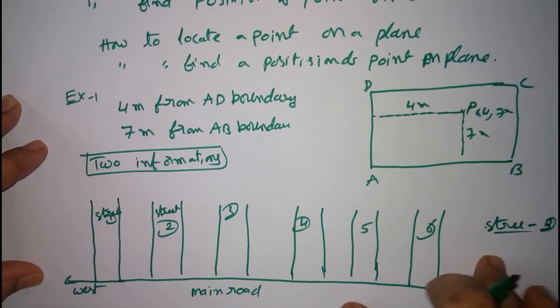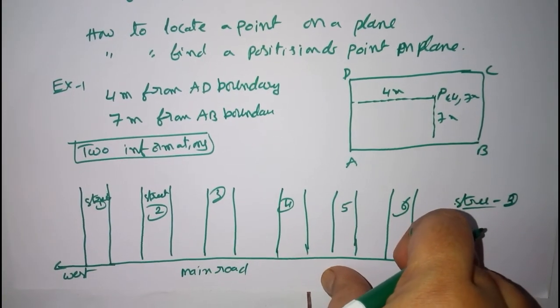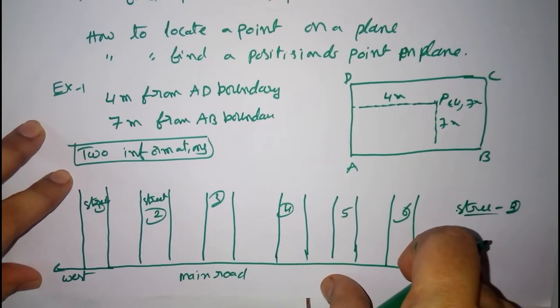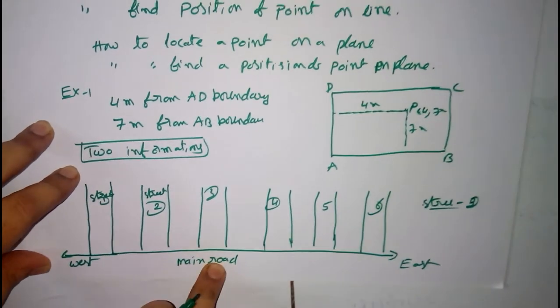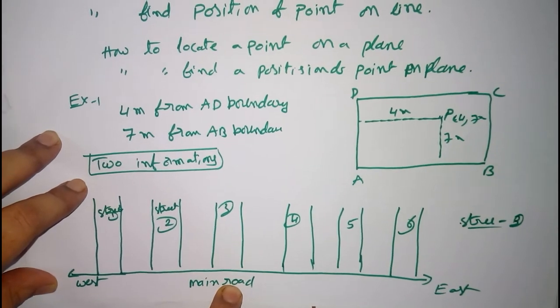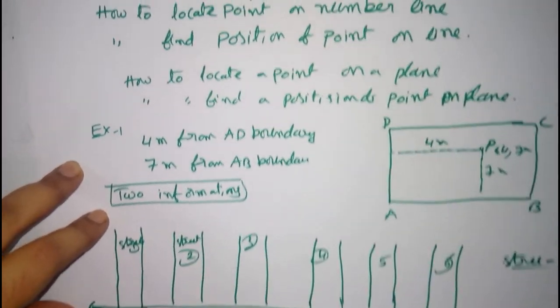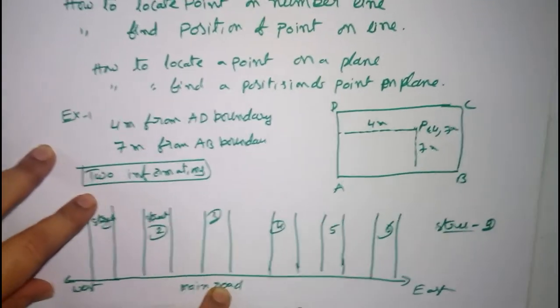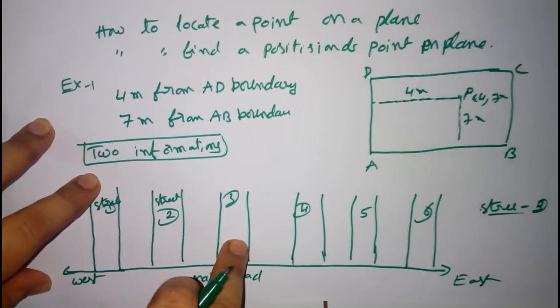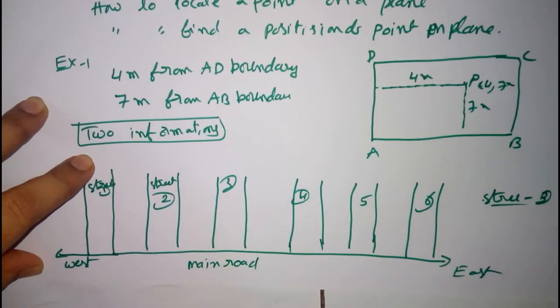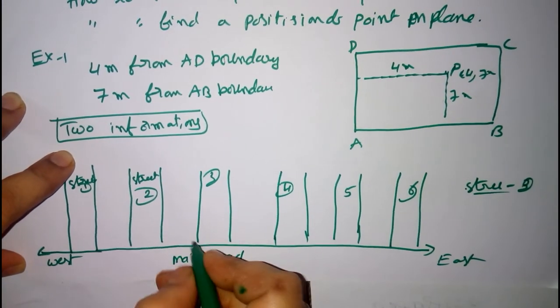With this information, can he reach his uncle's house? Street number 3 means there are so many houses. With this information, he cannot reach his uncle's house. That means we require one more piece of information. That information is given: in street number 3, the house number is 5.